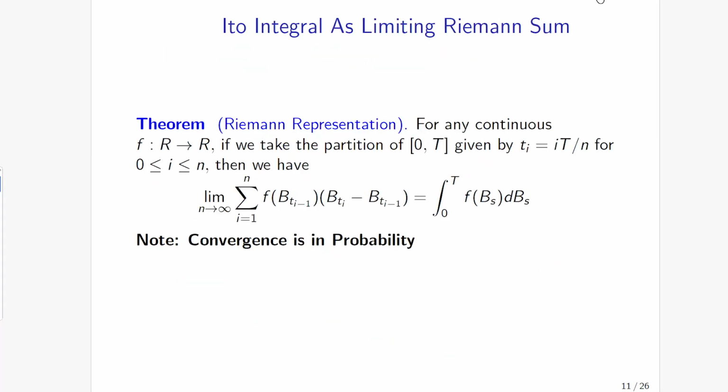We can think of this Ito integral as a limiting Riemann sum. If we have time steps t_i, for simplicity equal to iT over n, we can consider the limiting sum of f of the Brownian motion times the increment of the Brownian motion.